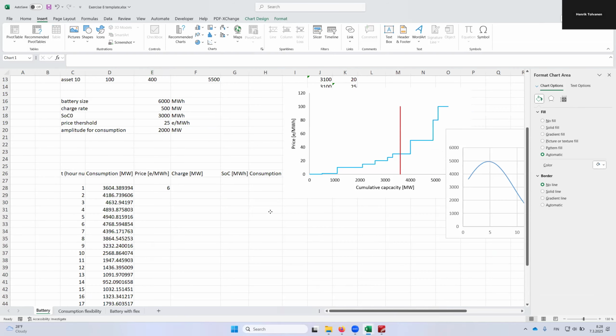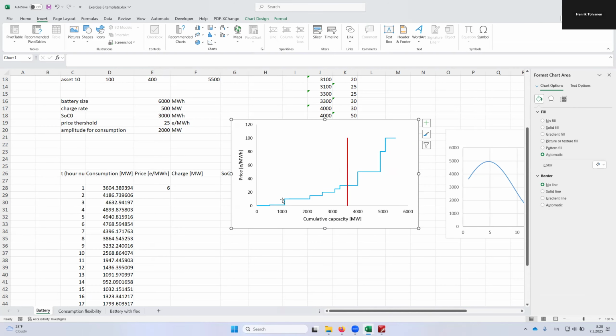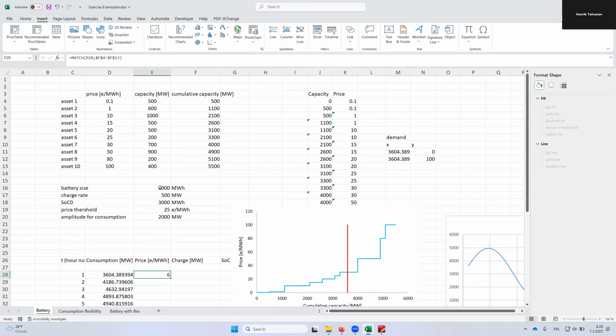In here, we can see 1, 2, 3, 4, 5, 6, and it's going to be the next one. So we found which asset is going to be fully activated, and the next one is going to determine the price. So now we can use the index function, and based on this match, we can find the price.